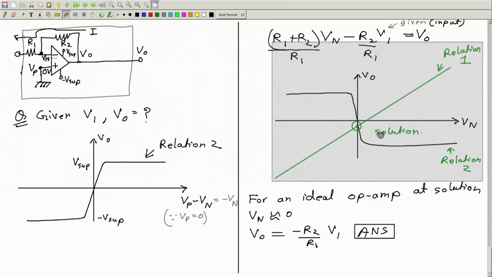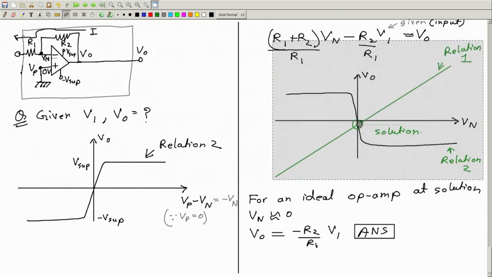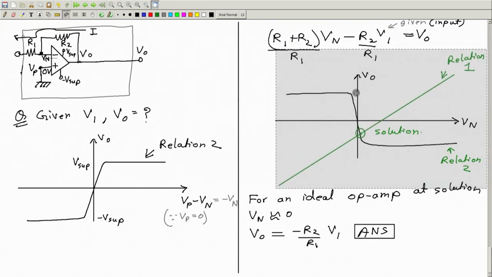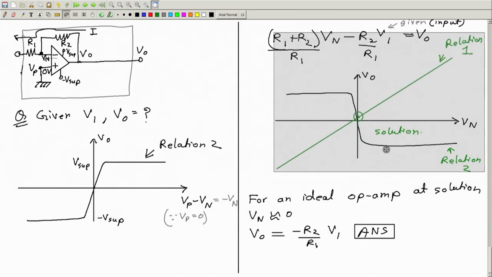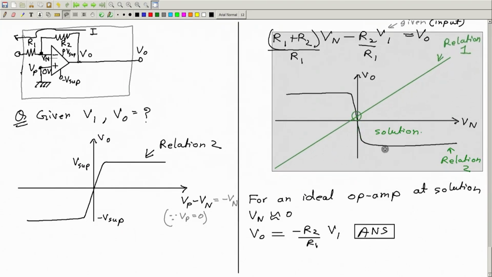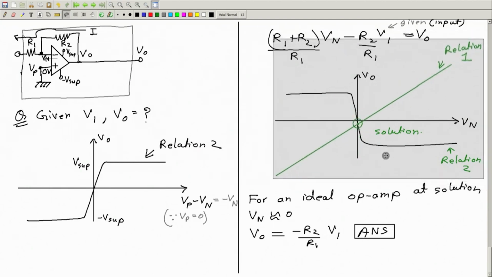But you observe that at the solution Vn is going to remain almost 0, because this line is almost vertical. So Vn is going to remain 0. This is how the solution varies as you vary the input.